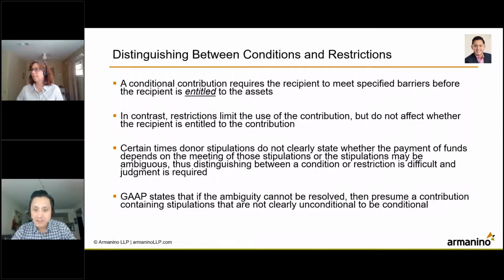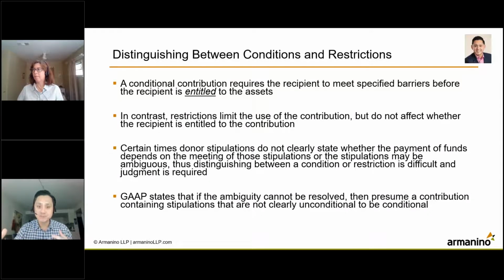Based on the guidance, a condition requires the nonprofit to meet specific barriers before they're entitled to the assets. And the key word, as Renee mentioned, is entitled, and not meeting those barriers would result in return of the funds. Whereas a restriction limits the use of the contribution, but doesn't necessarily impact whether the nonprofit organization is entitled to that contribution.